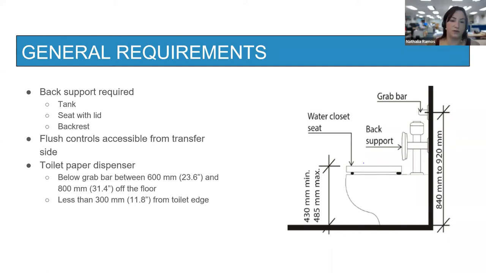So with tank-type toilets, we always have to pay attention to which side the flush control is on. It always needs to be on the transfer side. It also needs to have the toilet paper dispenser, located below the grab bar between 600 and 800 off the floor, and less than 300 from the toilet edge.